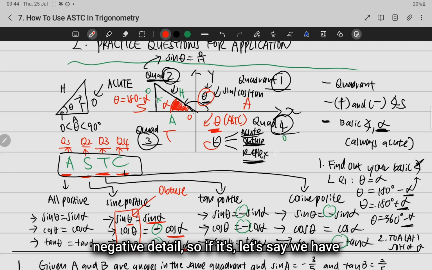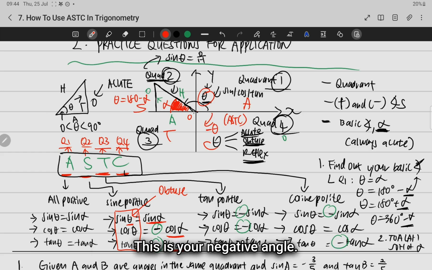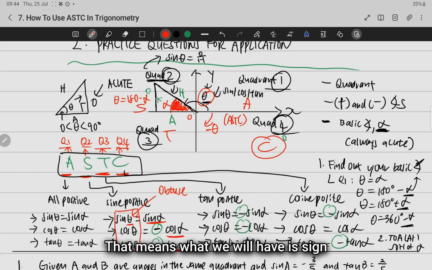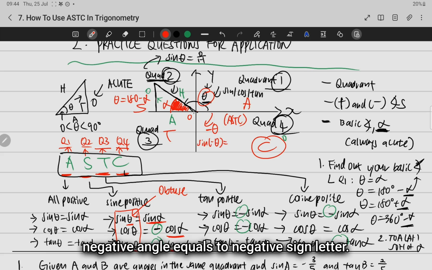So let's say we have a negative angle in quadrant 4, right? This is your negative angle. That means if I were to erase this, it will be ASTC, right? So this is still quadrant 4, so C is still positive. That means what we will have is sine negative angle equals negative sine theta.